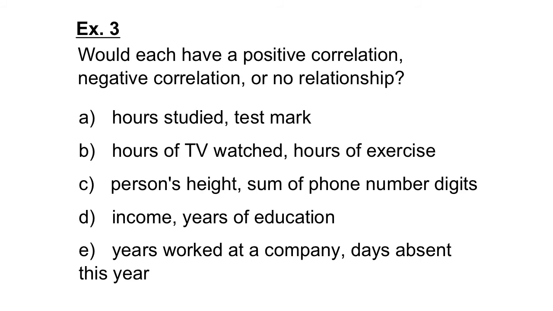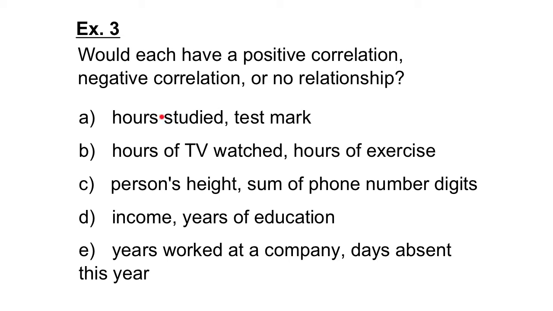I'd like you to take a minute and think about each of these different sets of variables. Would each have a positive correlation, negative correlation, or no relationship at all? So compare the amount of hours studied versus the test mark. So those are two different variables.